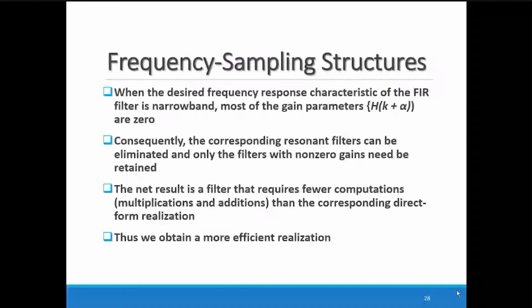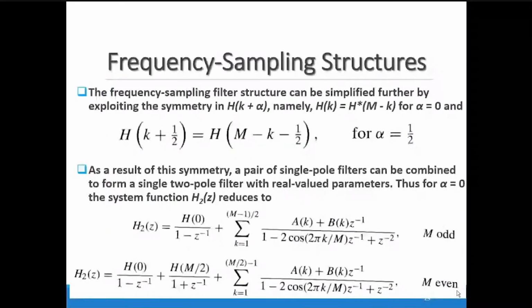Now just note down these equations. The frequency sampling filter structure can be simplified further by exploiting the symmetry in H(k+alpha), namely that H(k) is equal to H*(M-k) for alpha equal to 0, and for alpha equal to 1/2, the equation is k+1/2 because the equation is k+alpha, so it will be the same as M-k-1/2.